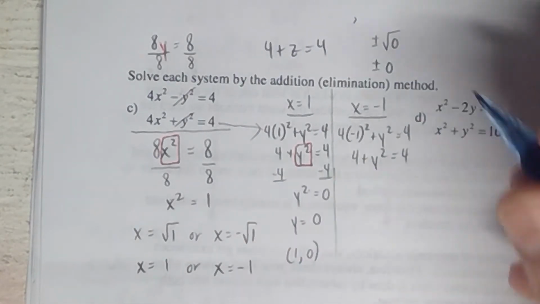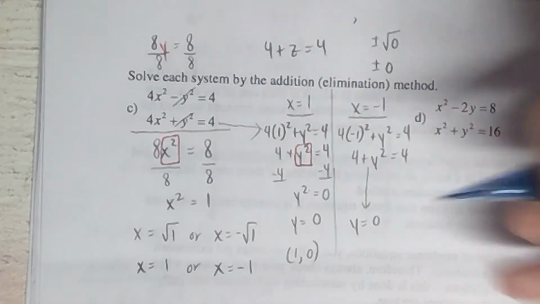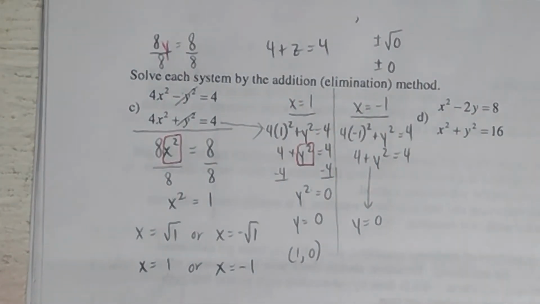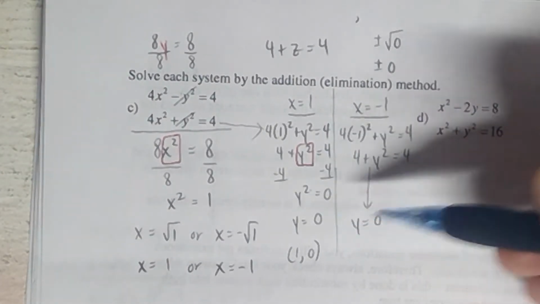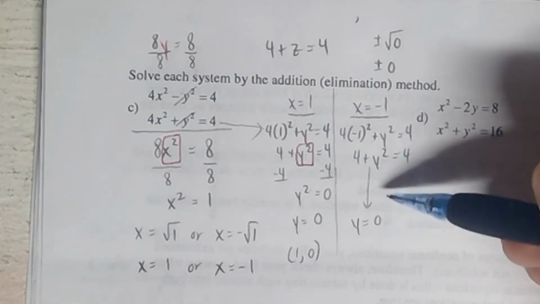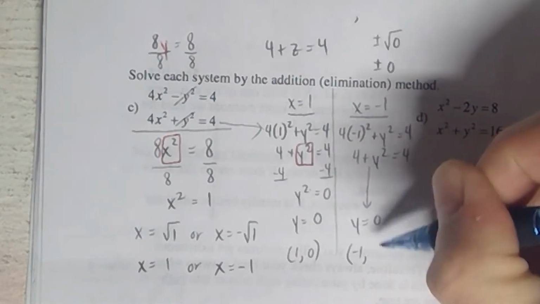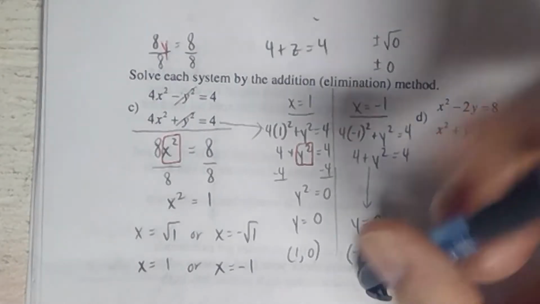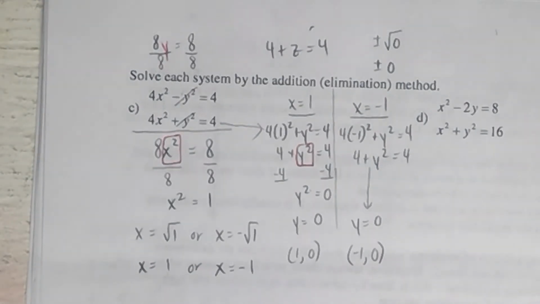So since it's the same equation, shouldn't it be the same answer? Y equal to 0? Okay, no use in doing the work all over again, right? If we already solved the same equation just a minute ago, we don't need to do it again. We already know what the answer is going to be. So that means that negative 1 also pairs up with y equal to 0. And once again, we've got 2 answers right there. Okay.